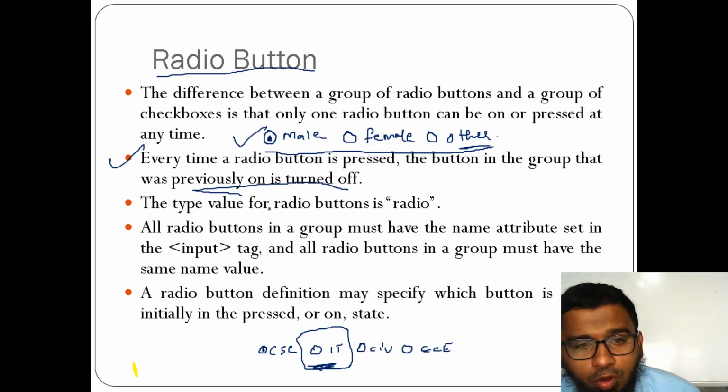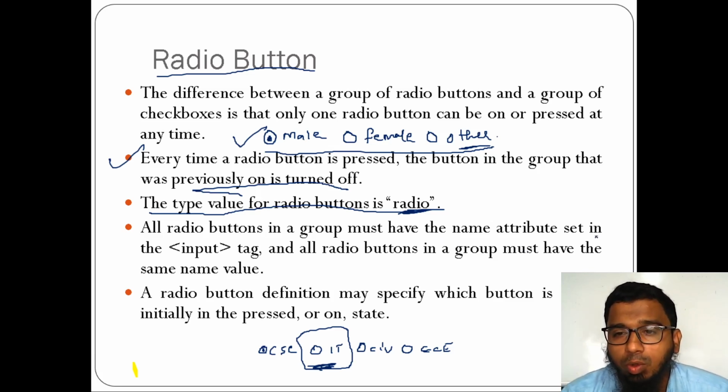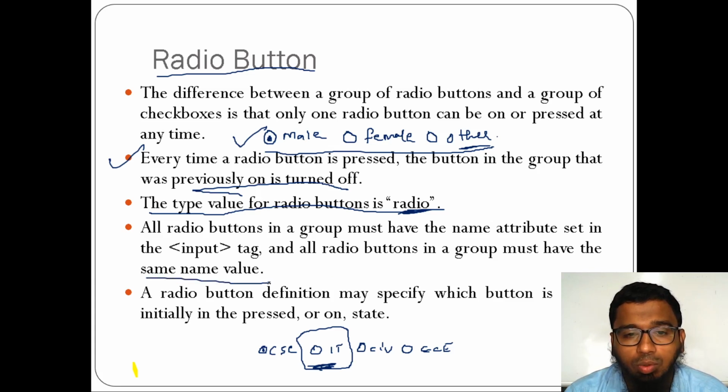The type value for a radio button is radio. What is the input type? Input type is radio. All radio buttons in a group must have the name attribute set in the input tag, and all radio buttons in the group must have the same name value. This is important.